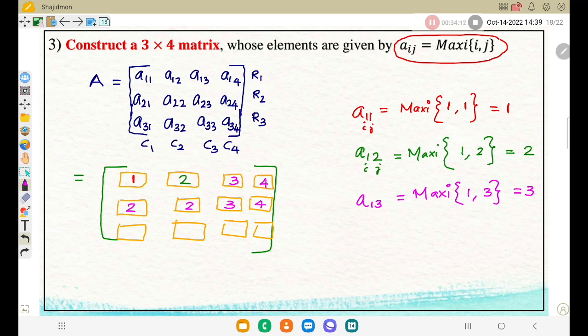A24 means 4. A31 means 3. A32 means also 3. A33 also 3. A34 means 4 is the number. So I hope you understood. Okay, directly we can write the numbers one by one. So that is the 3 by 4 matrix with the elements given by maximum of i comma j. I hope you understood this question.